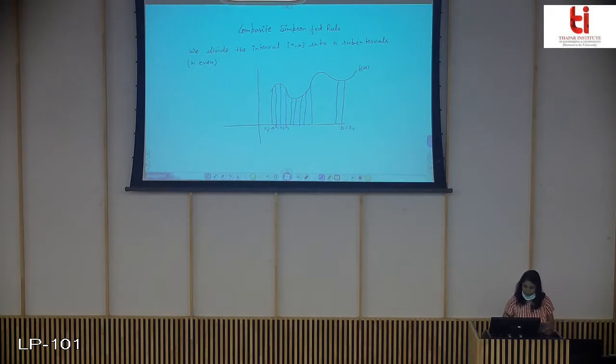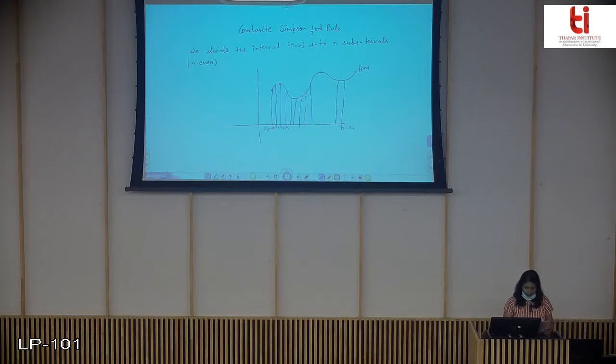We are approximating this part of the y equal to f(x) graph with the help of a second degree polynomial. In trapezoidal rule we are approximating the graph by a straight line.